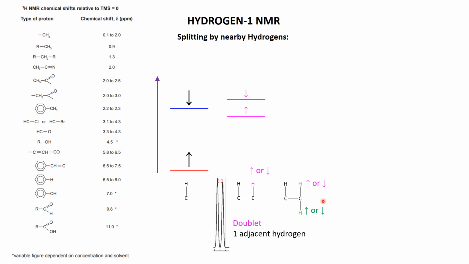Let's think of all the possibilities that we can have for these adjacent protons that are going to affect the hydrogen of interest. Well, the first possibility is that both pink and green can be with the field. Now that's good and good, which means it's very good. So this means we've got this possibility here that's much, much nicer than the original option. Now let's think of one in which the pink is with the field, but the green is against the field. So that's a good and a bad.